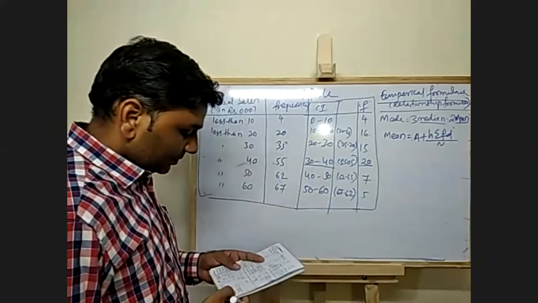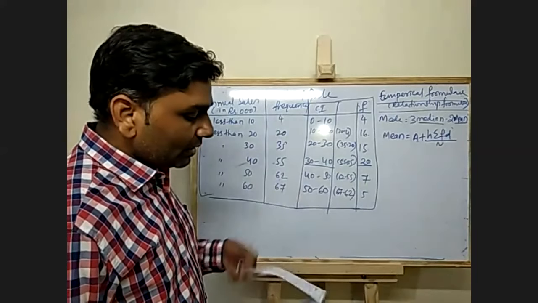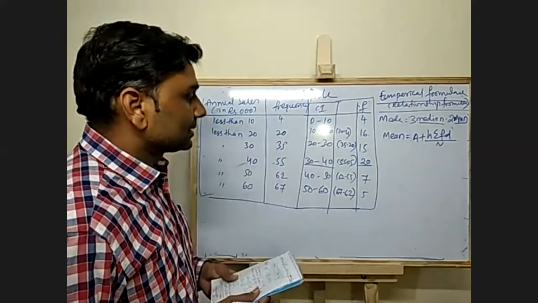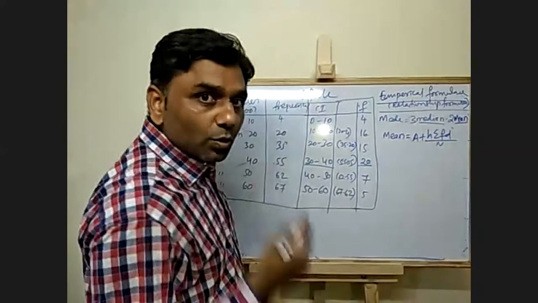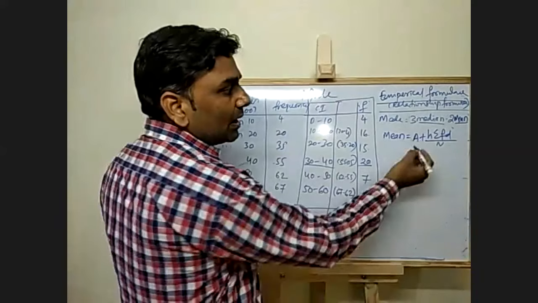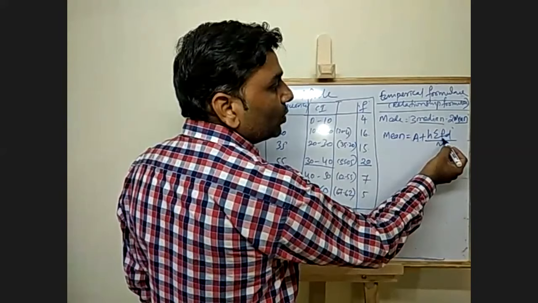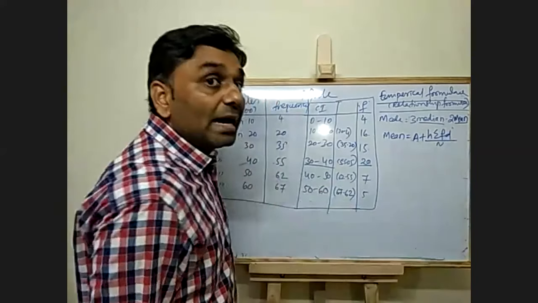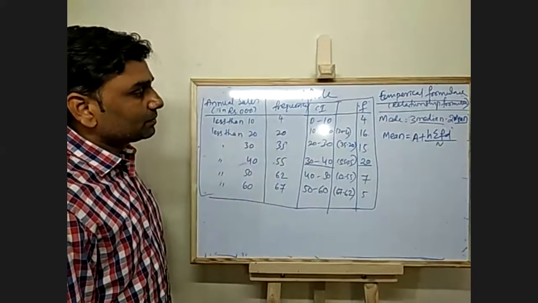So first you have to calculate the mean for this. So I have to take one assumed mean. You have solved this problem. Take one assumed mean. You know H, you know N, you know F. You have to find out D.